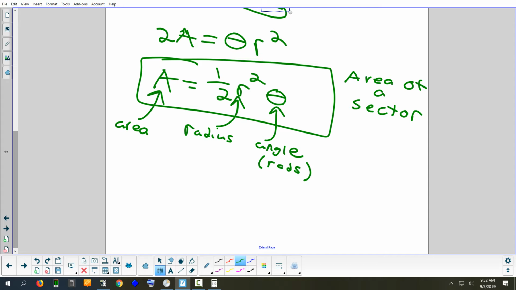Okay, so same type of thing. They'll always give you 2 out of 3, and you'll solve for the third one. The trickiest one to solve for is R, if they give you the A and the theta. Why do you think R is the trickiest one to solve for?